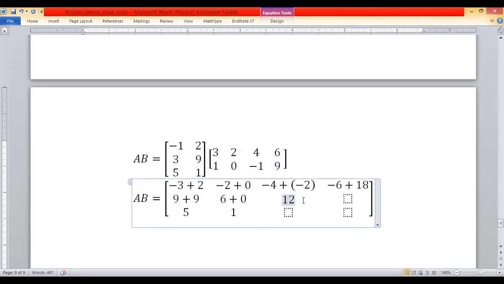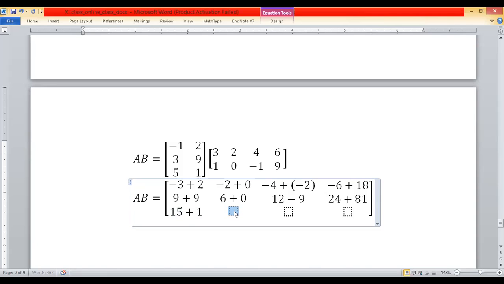And 9 times minus 1 is minus 9. 3 times 6 is 18. And 9 times 9 is 81. 5 times 3 is 15. And 1 times 1 is 1.